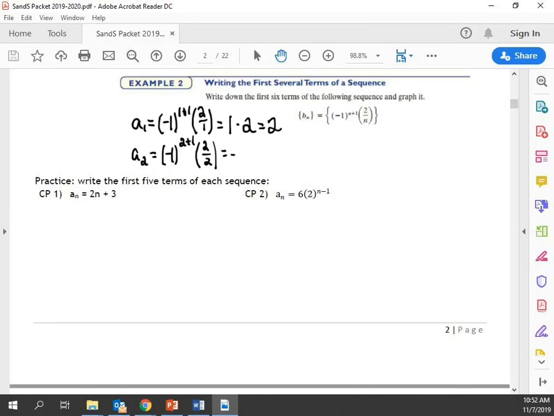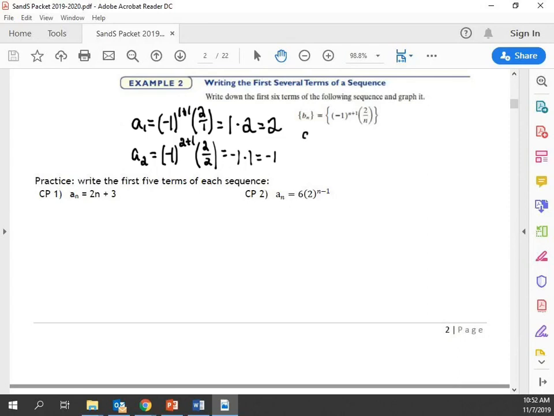Negative 1. And then 2 divided by 2 simplifies to 1. So when you plug it in and simplify, guys, we're looking at negative 1 raised to powers, which we know means it's either going to be positive or negative 1, right? Then you're taking 2 and just dividing it by whatever term you're on.